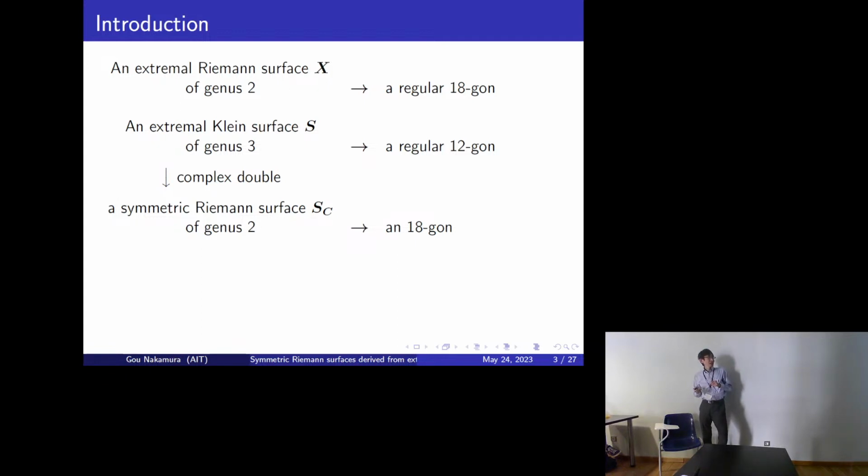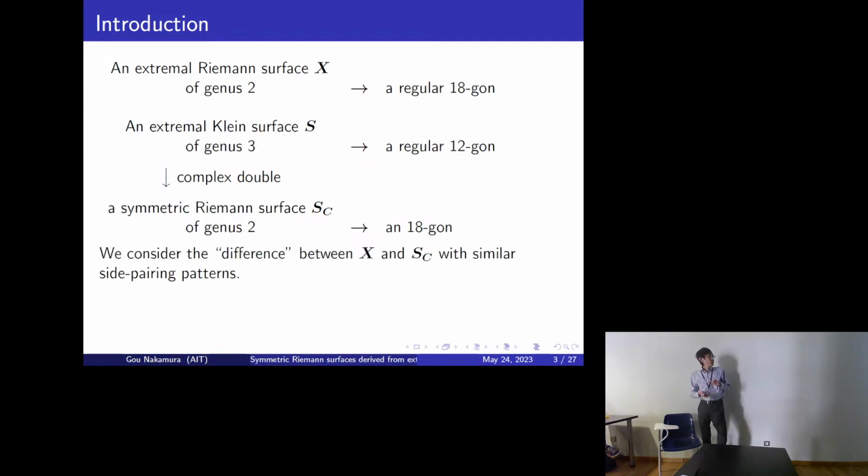And it has a hyperbolic polygon as its fundamental region. So, we consider the difference between the two surfaces. One is X and one is the symmetric surface C. Both have the same number of sides. So we are interested in the difference between two surfaces with similar side patterns.